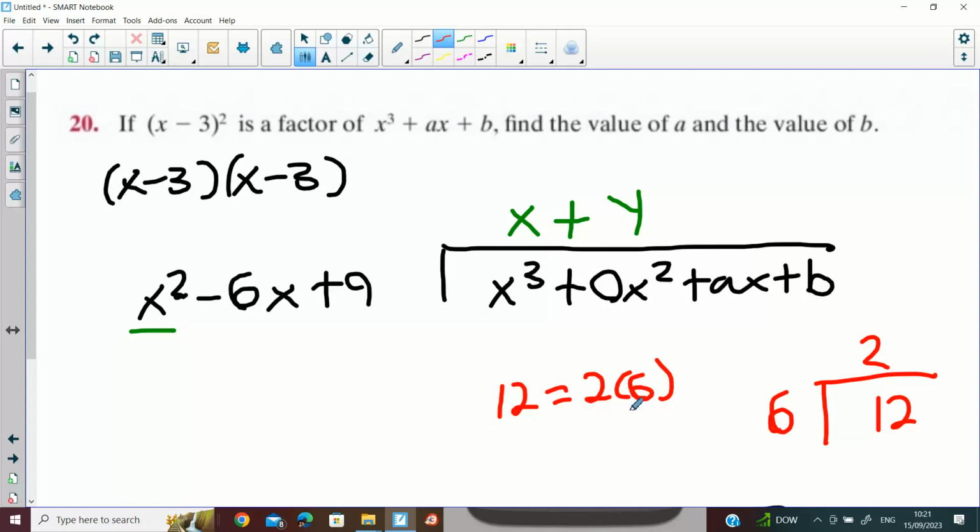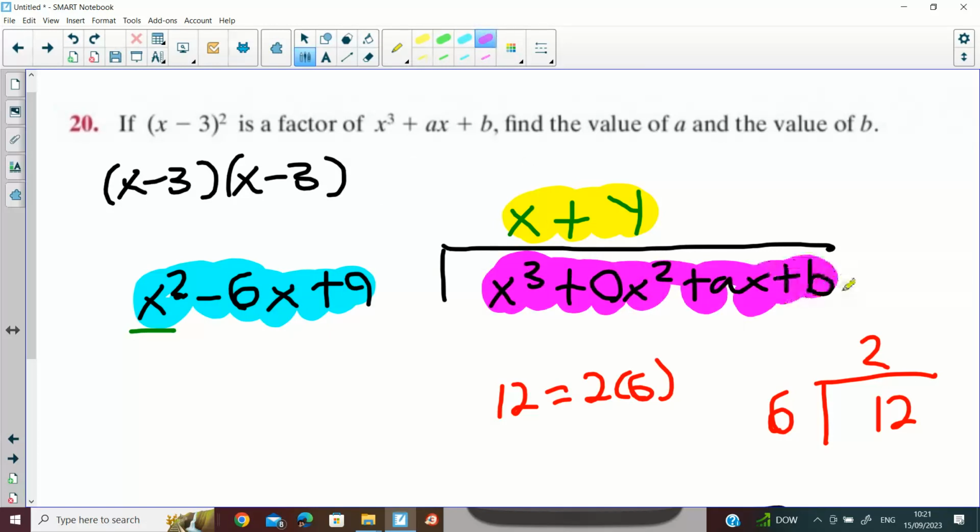Here's the step I'm going to use to do this question. When I multiply this yellow one by this blue one, what has to be the answer? The pink one. Would everybody agree yellow multiplied by blue equals pink?